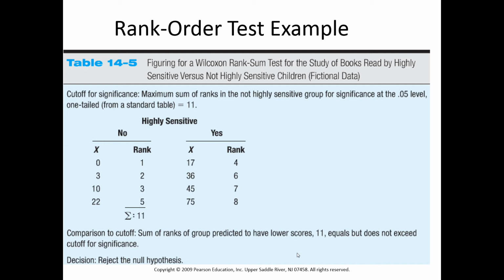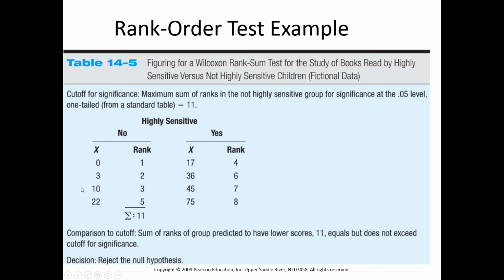One such test is, for example, the Wilcoxon rank-sum test. Let's explain it with an example. Here we have some fictional data, again for 8 students. Let's say that we ask students how many books they read recently, and based on some psychological tests, we divide students into highly sensitive and not highly sensitive.